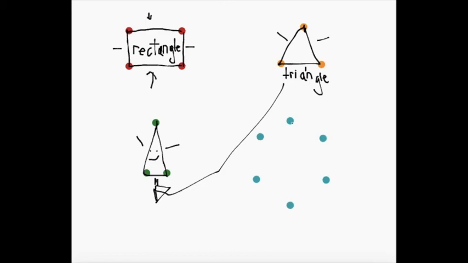All right, now here's our last connect the dots. I'm going to give you 1 minute to think about what shape this is going to be. It has 1, 2, 3, 4, 5, 6 dots.